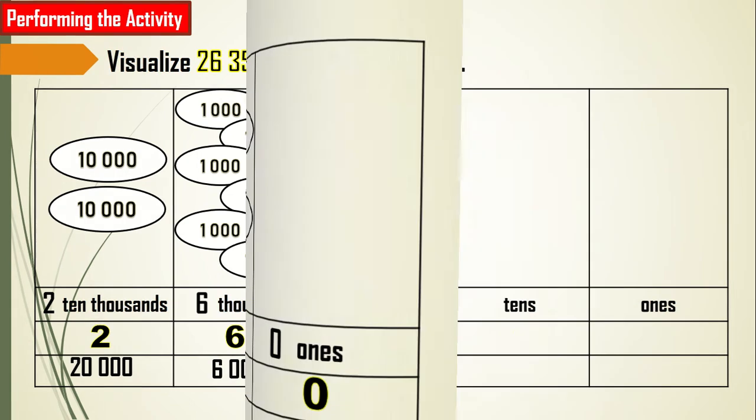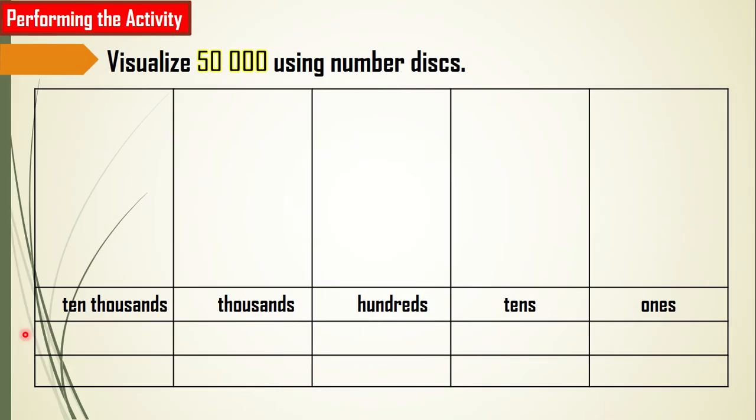Visualize 50,000 using number discs. Let's see how many discs we need to visualize 50,000. How many ones do we need for 50,000? We need no ones because it is 0.